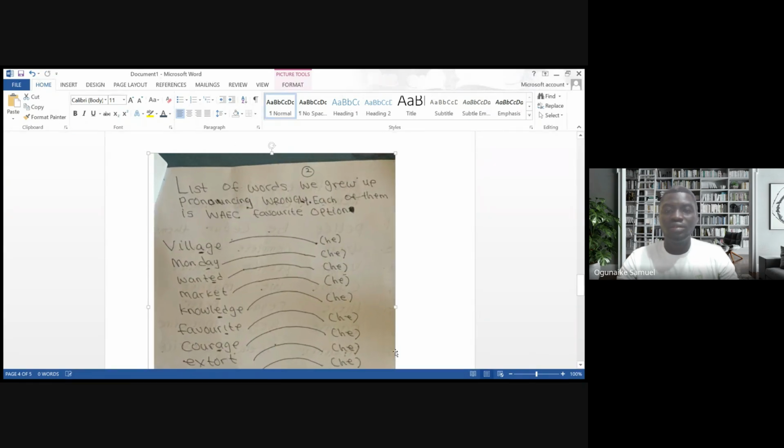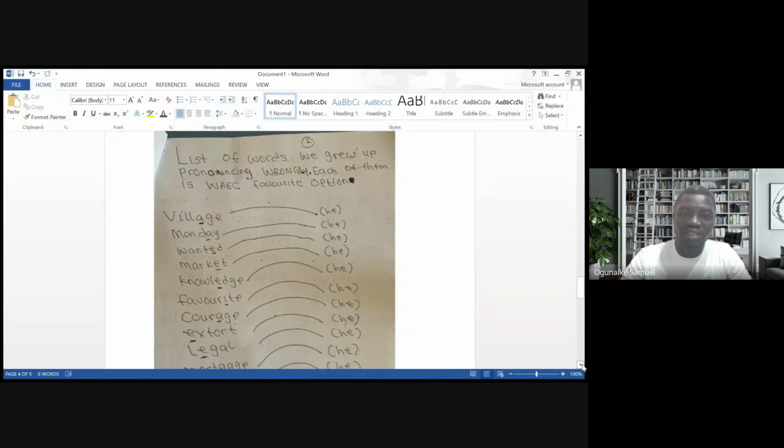Now, please take note. It is important you master these rules. You are going in for an exam where pronunciation matters. Even if after the exam you might not act professional, but at least for the sake of that exam, you see all of these options, list of words we grew up pronouncing wrongly. Each one of them is a WAEC favorite option.